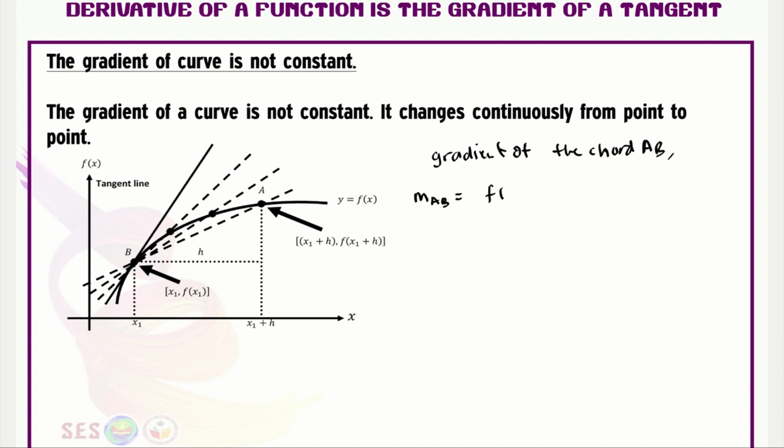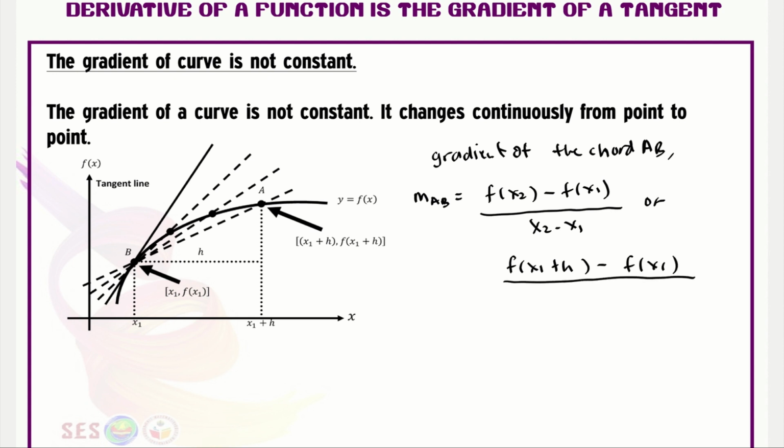It is f(x2) minus f(x1) over x2 minus x1, or it can be written as f(x1 plus h) minus f(x1) over h.